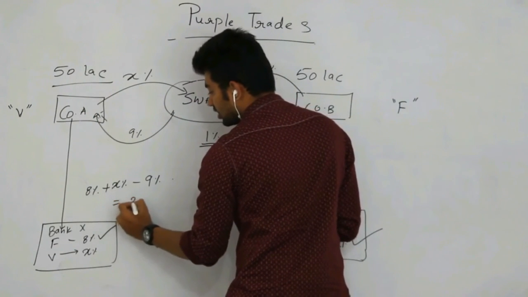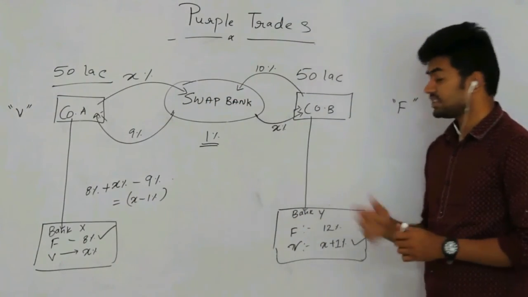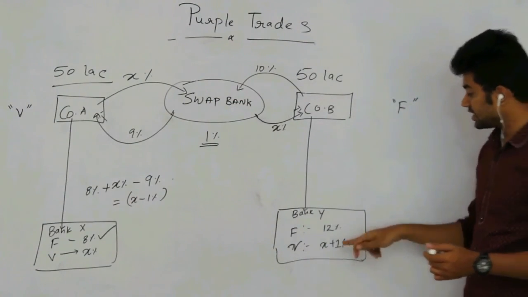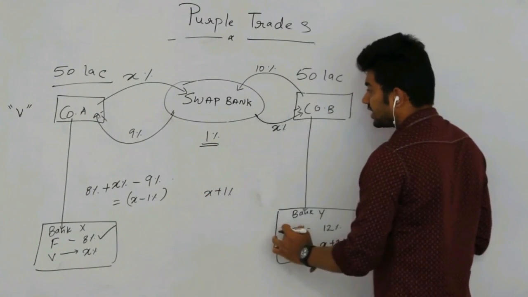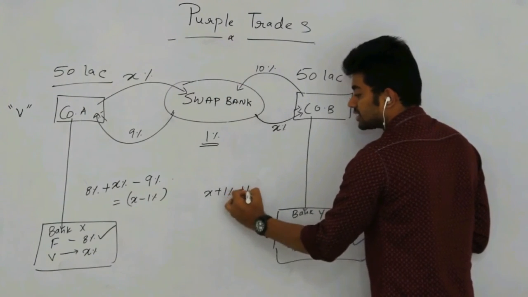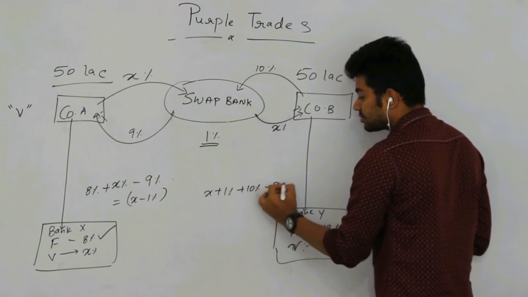So overall it is paying just X minus 1%. In the very same way, company B is paying X plus 1% to Bank Y, also paying 10% to Swap Bank, instead getting this X percent from Swap Bank.